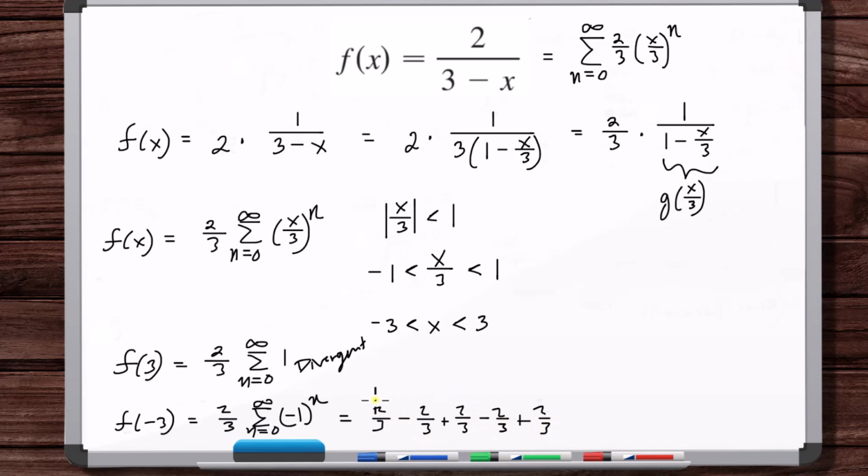No, because this is 0, but then this is 2/3. Then this is 0. You're just oscillating between 2/3 and 0. So this is divergent. So the interval is minus 3 to 3, not including the endpoints.